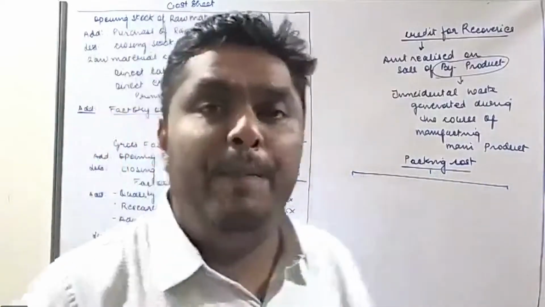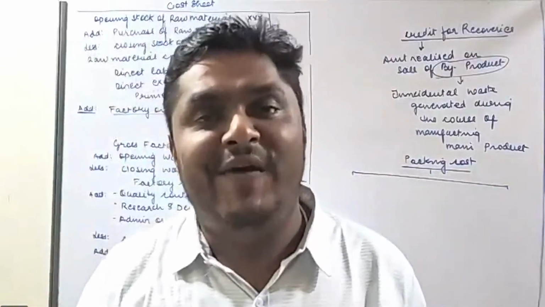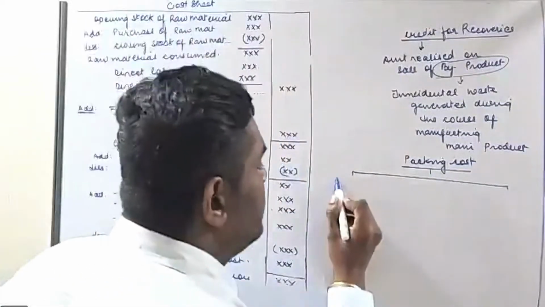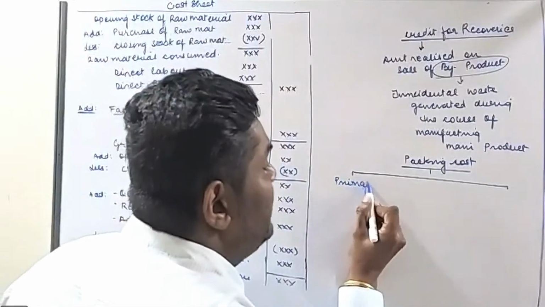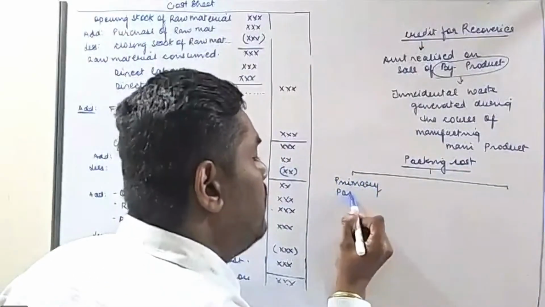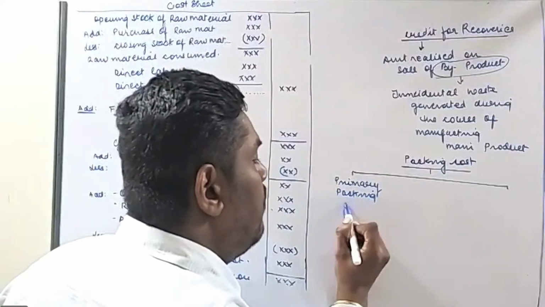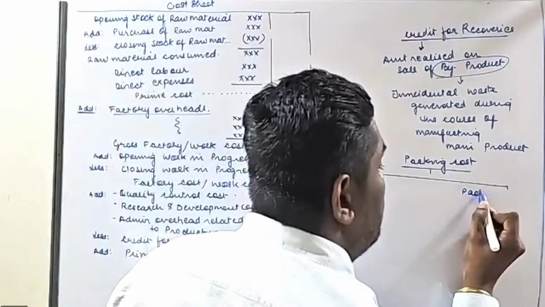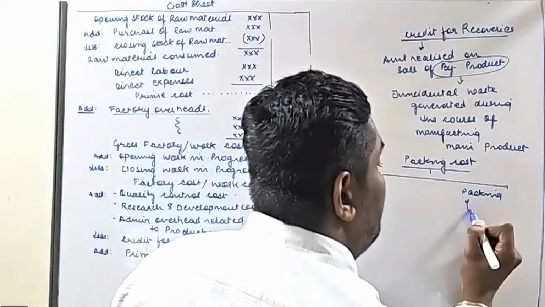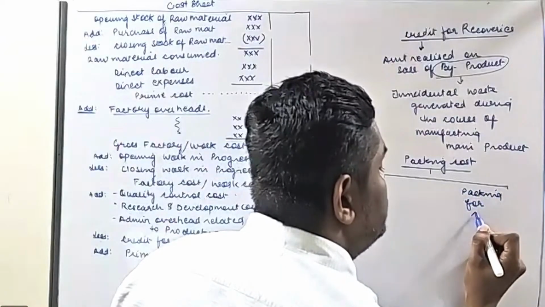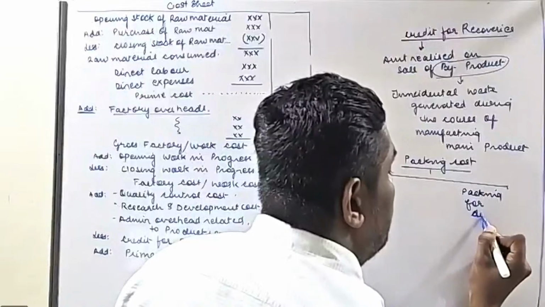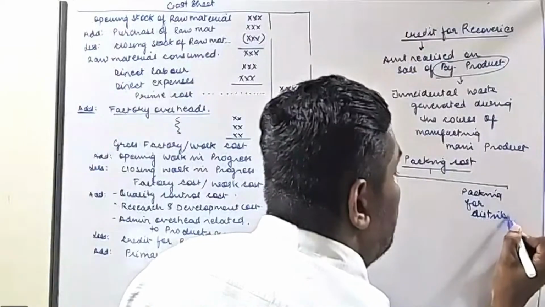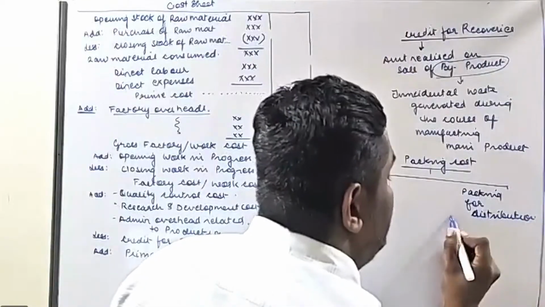Now, when talking about packing cost, again, it can be classified in two parts. That is primary packing cost, and packing for distribution, or we can say secondary packing cost.